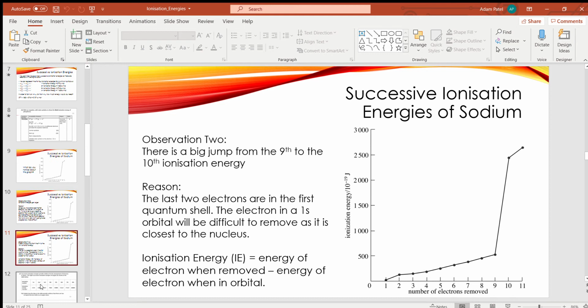So we've decreased a shell, got rid of our 2s shell, and we're left with our 1s orbital, or energy level 1, or shell 1. And therefore it's very hard to remove any electron from our first shell because it's so strongly attracted to the nucleus. So getting rid of one electron from 1s2 is a lot more difficult than getting rid of an electron from 2s1, for example.